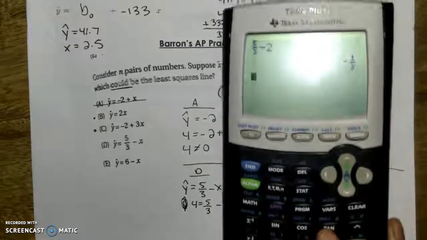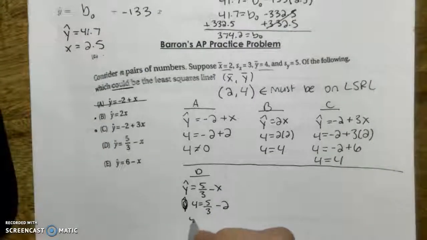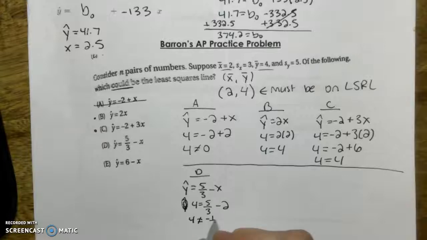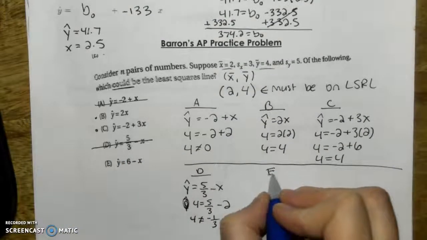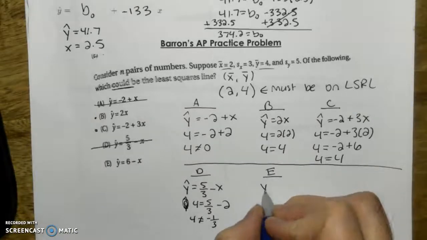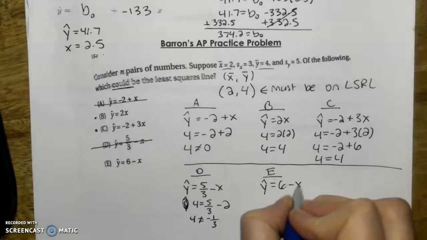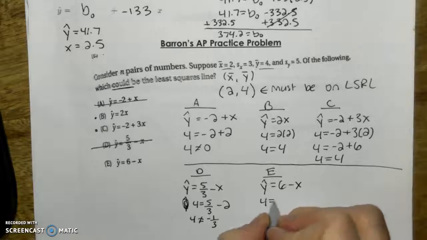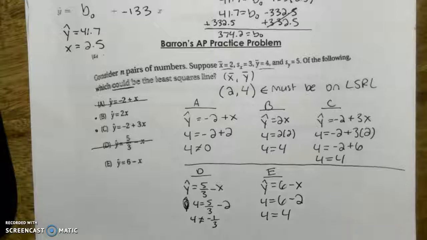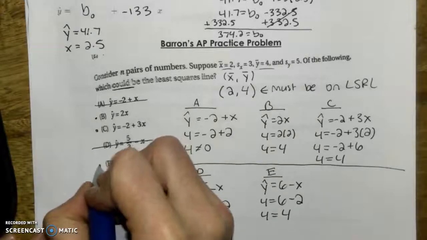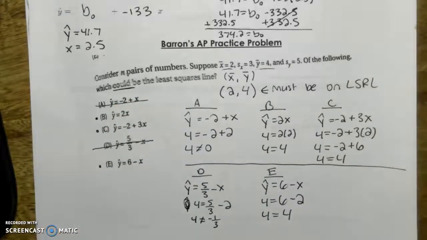I get negative 1/3. 4 does not equal negative 1/3, so I can eliminate D. Let's see, answer choice E. Y hat equals 6 minus x. I'm going to plug in 4 and 6 minus 2. 4 does equal 4. So now I've narrowed it down to 3 possible choices.